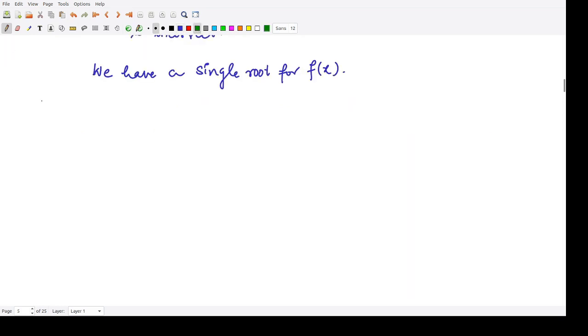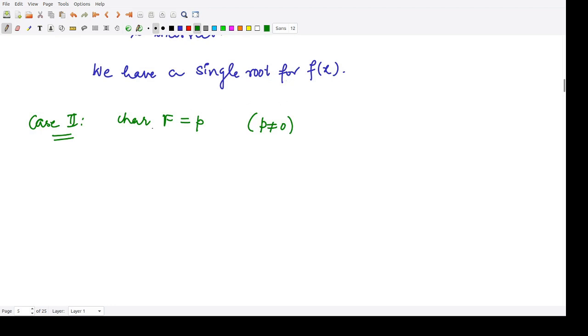For the second part, for the second case, we assume that the characteristic of the given field F is equal to p, where this p should not be equal to 0. If this is equal to 0, we would have case 1 only with us.